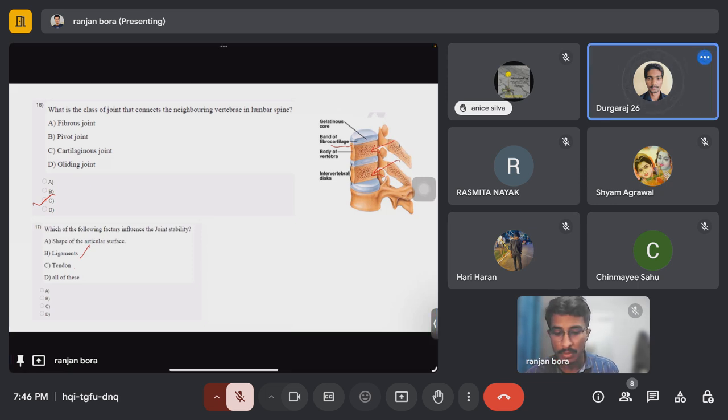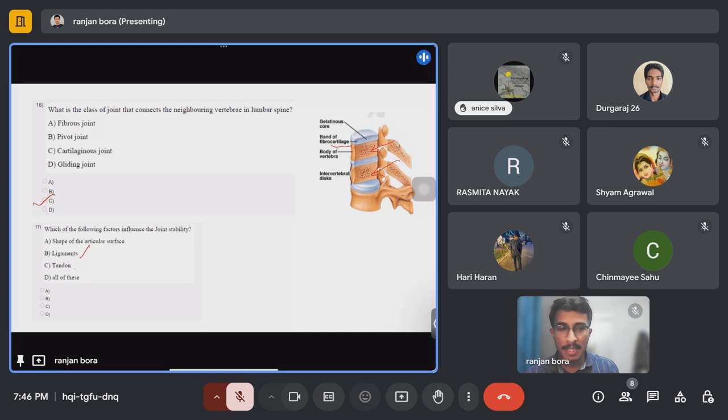If the shape is not proper, then joint stability is also affected. But connecting to the joint there are ligaments, and if the ligaments are not proper, there will be a problem. So ligaments also influence it, and tendon also, because tendon is connected with the muscles. So all of this will come, right? Yeah, all of this.